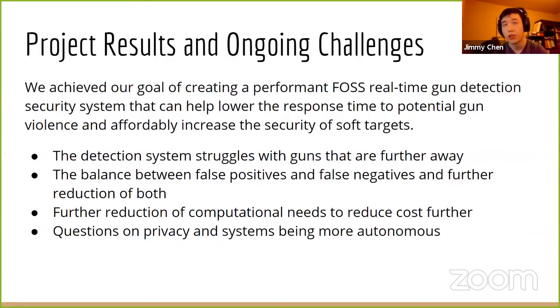And then our ongoing challenges are essentially the detection system still struggles with guns that are further away. The reason for this is since the gun is further away, there's less data to be inferenced upon. And because our model is relatively performant, the more feasible strategy is to just simply add more cameras in a given space because cameras are relatively cheap.